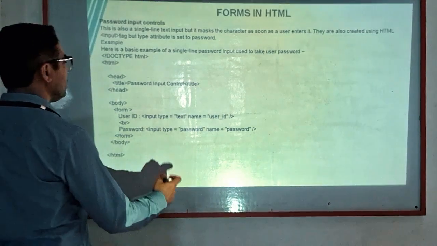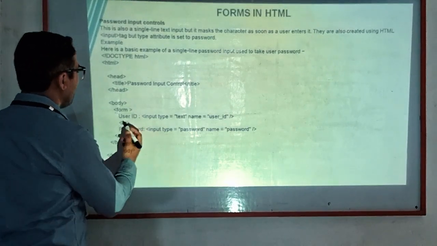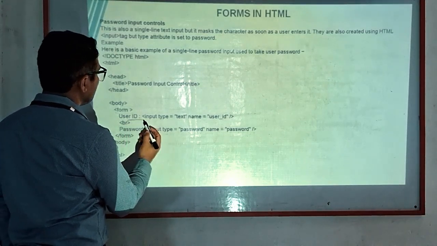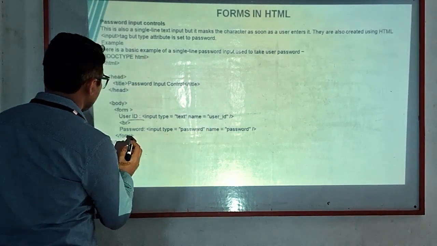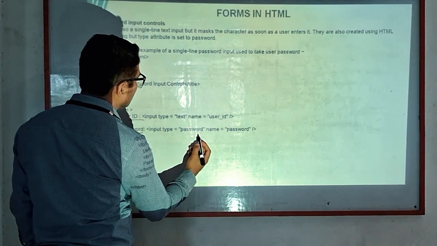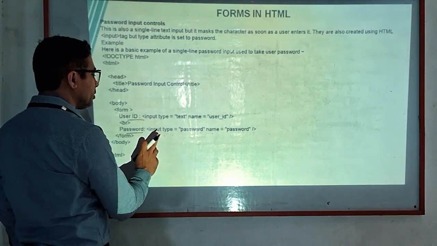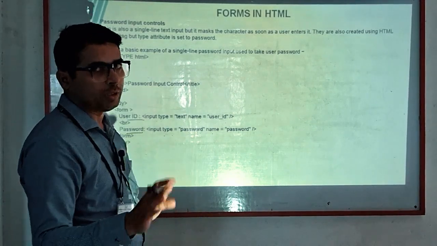And similarly you can change the settings and try different things. Like in this form we have added user ID, input type text, name is user ID, and the second field is password, input type is equal to password, name is equal to password. Now when you change the type to password, the text that you are typing will not be visible.